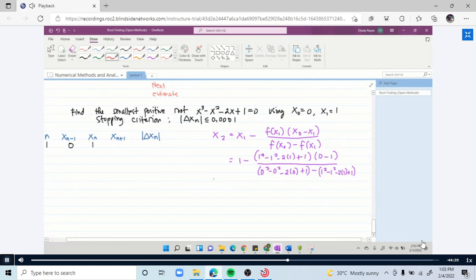In the calculator, we will use A for x sub 0 and B for x sub 1.